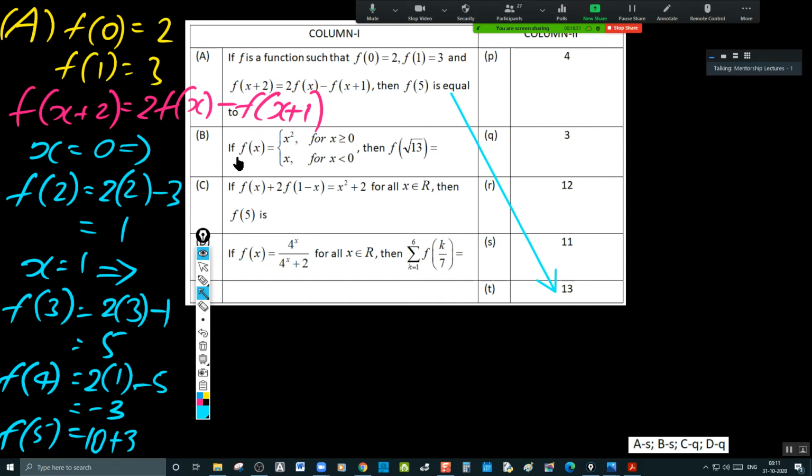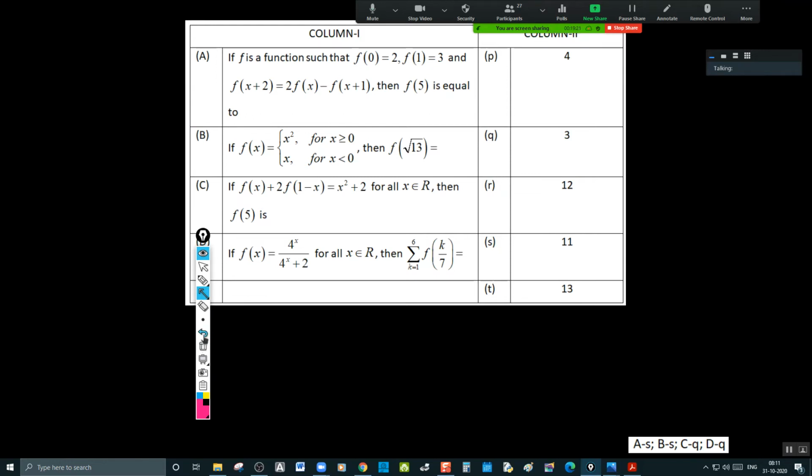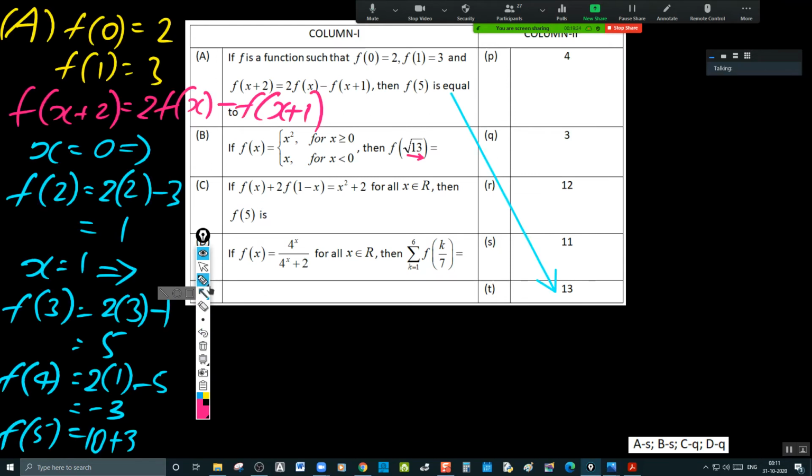Now, B: f(x) is equal to x square if x is greater than or equal to 0. That is, if x is positive, you have to take it as x square, and x if x is less than 0. Now, f(root 13) is needed. Root 13 is always positive, which means replace x with root 13.